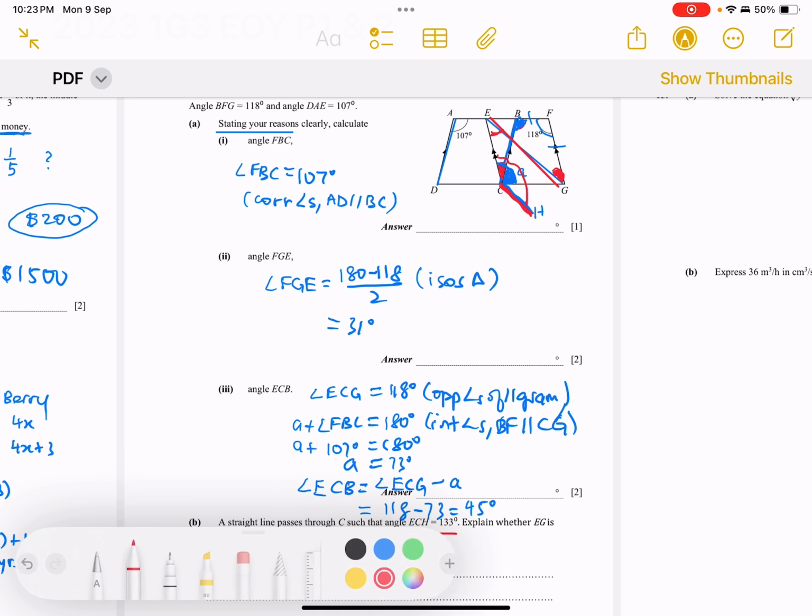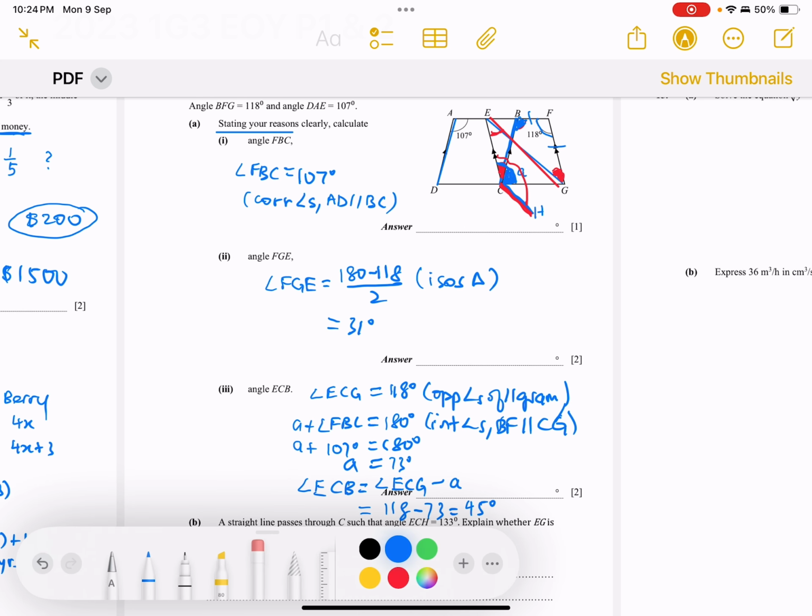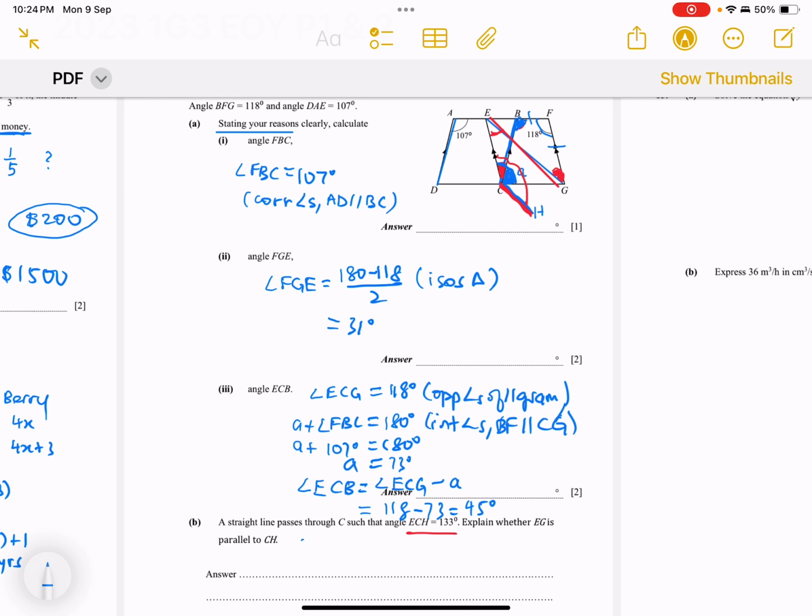So angle CEG is actually equal to angle FGE.